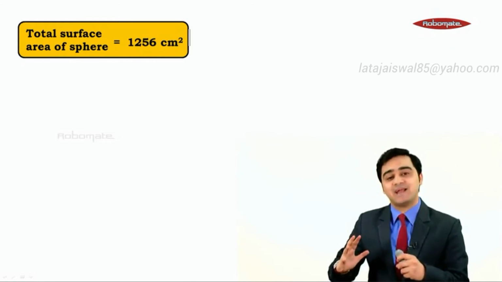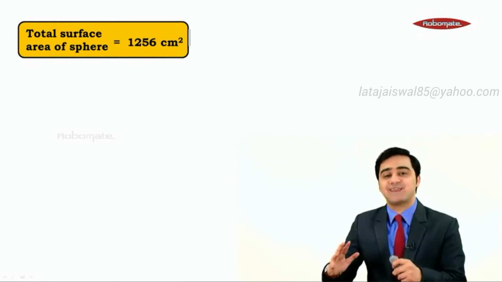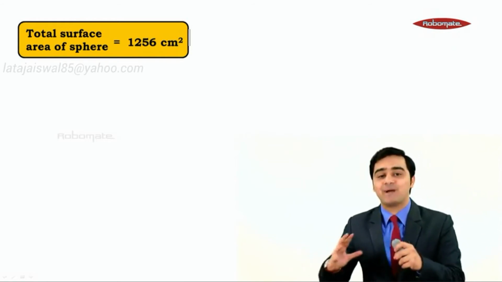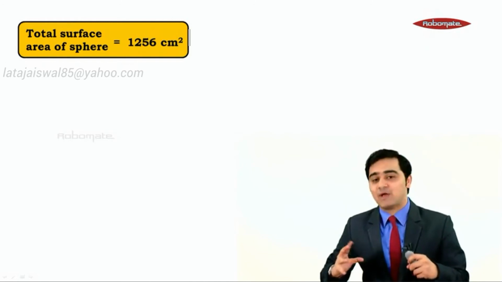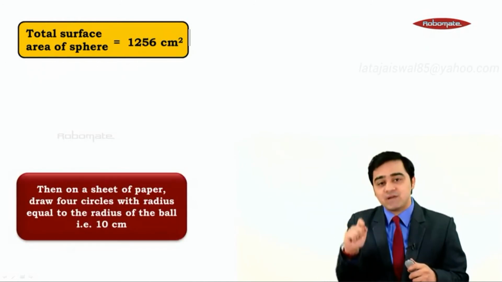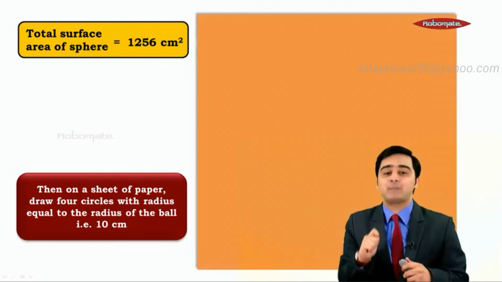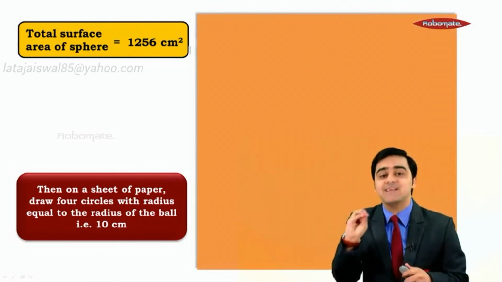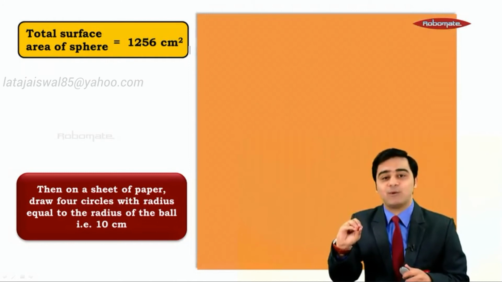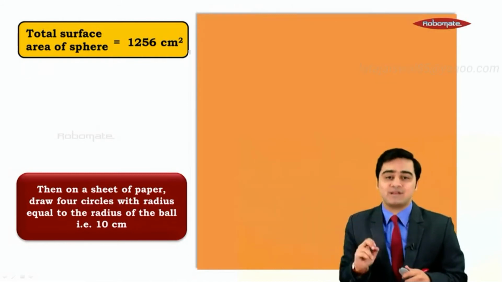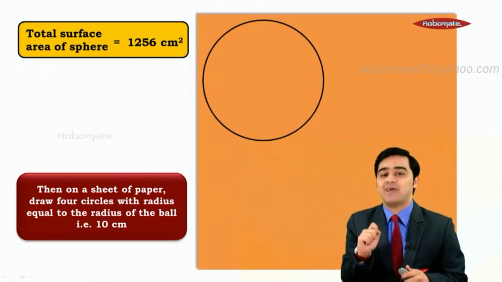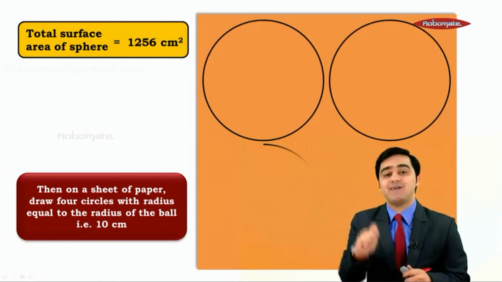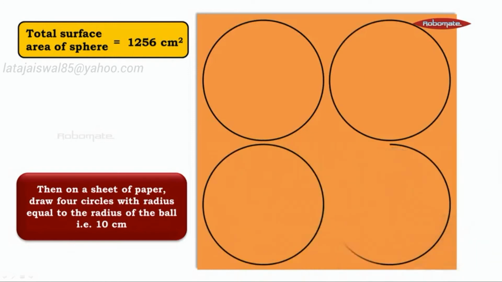Now let us understand why the total surface area of the sphere is 4 pi r square. What next are we supposed to do is, we will now take a sheet of paper and draw 4 circles with the radius equal to the radius of the ball. Yes, that is 10 centimeter. So observe, this is the first circle we have, this is the second circle, this is the third one, and this is the fourth circle.